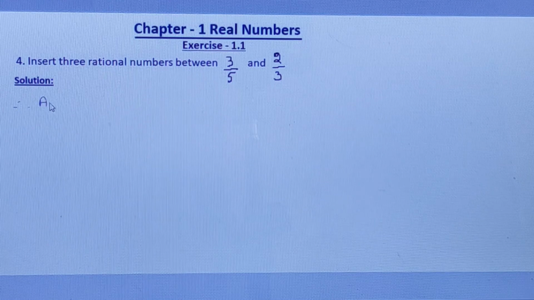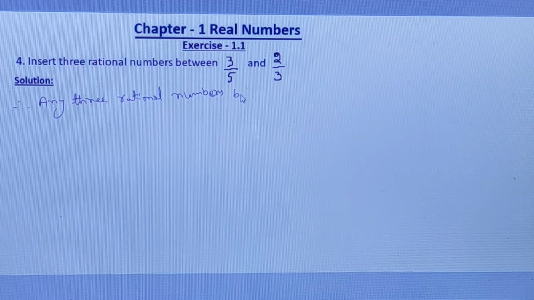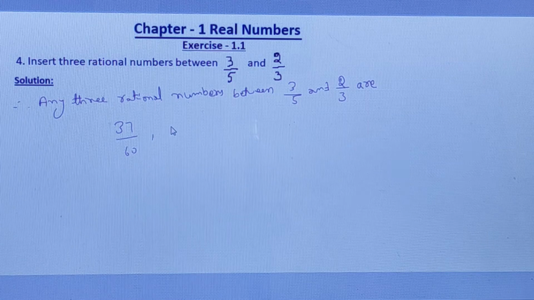Therefore, any three rational numbers between 3 by 5 and 2 by 3 are 37 by 60, 19 by 30 and 39 by 60.